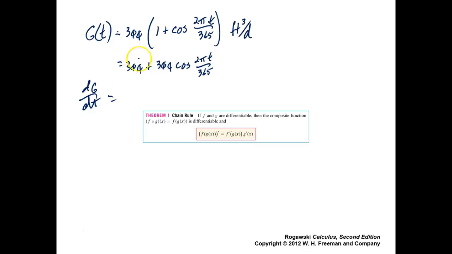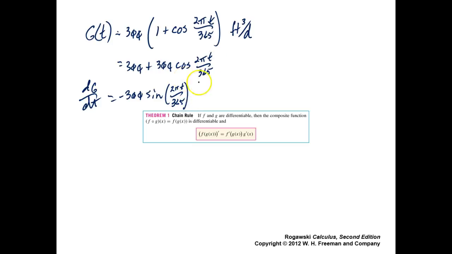Well, what's the derivative of the 300? 0, because that's just a constant. Derivative of 300 cosine would just be 300 times, what's the derivative of cosine? Negative sine of the inner function, 2 pi t over 365.